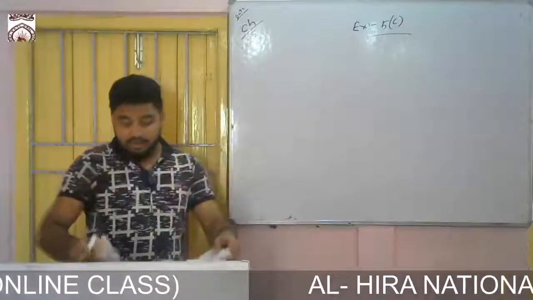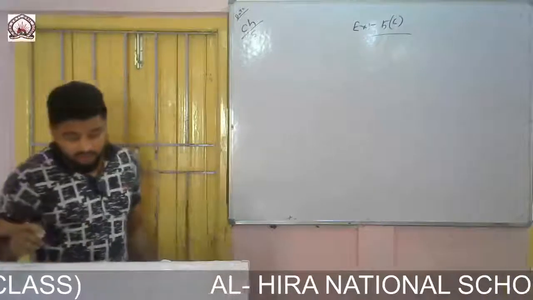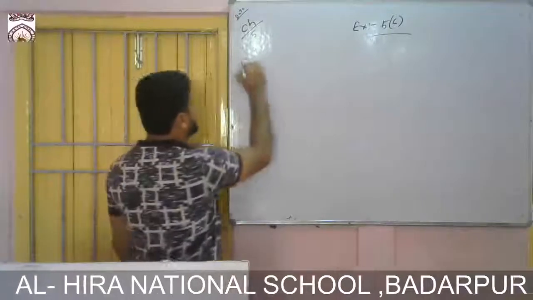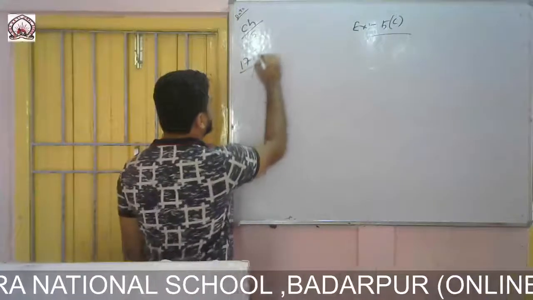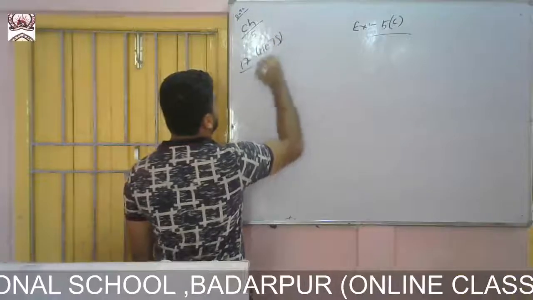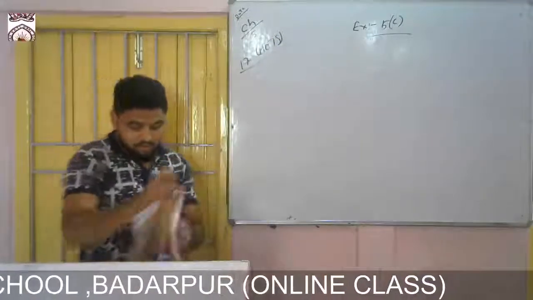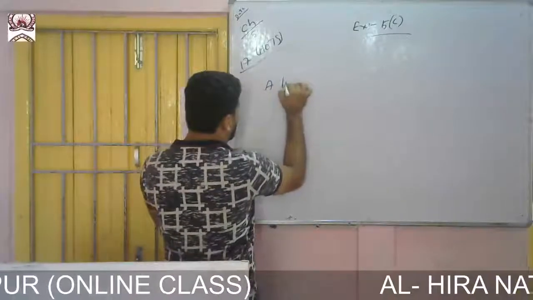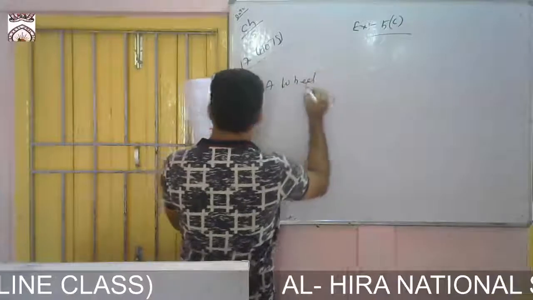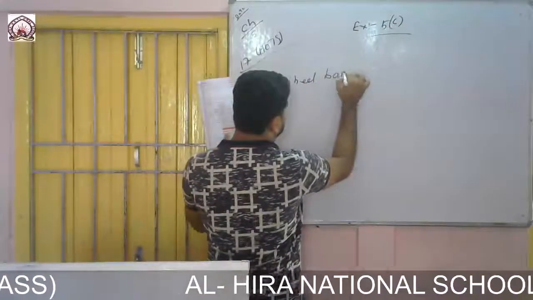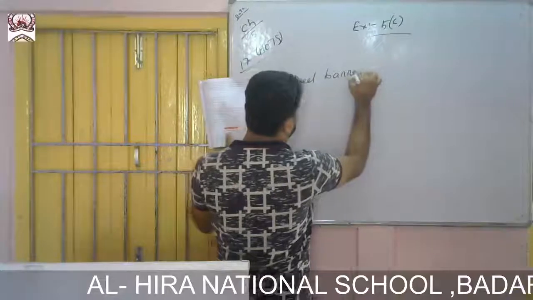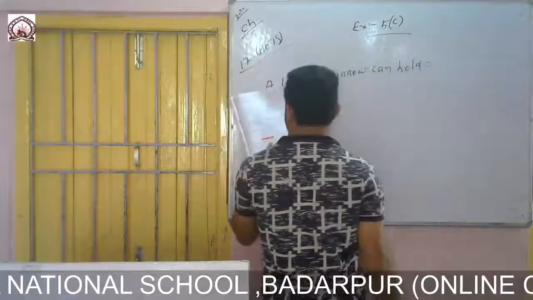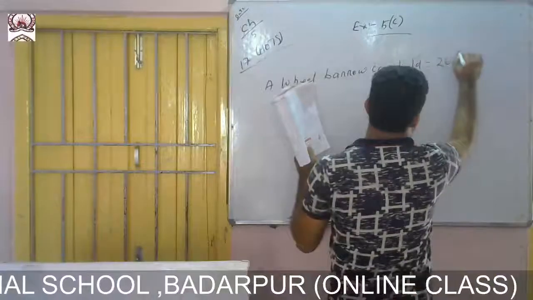So you see, a wheelbarrow can hold 26 1 by 4 kg. A wheelbarrow can hold equals 26 1/4.